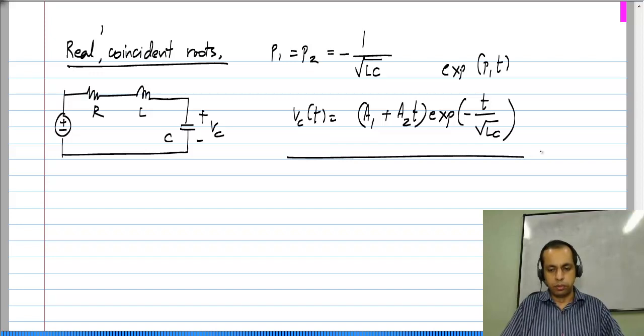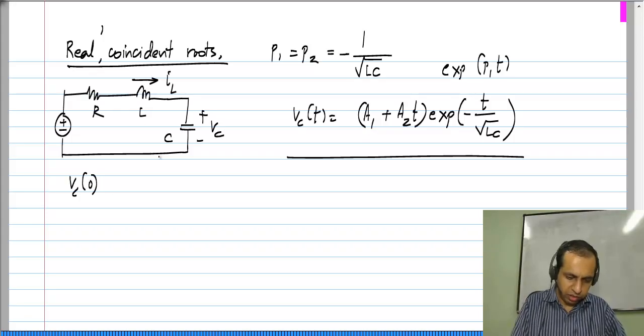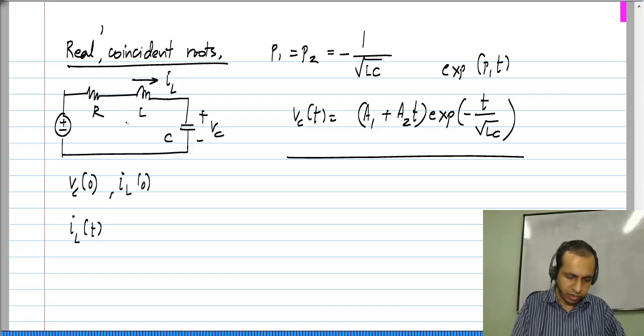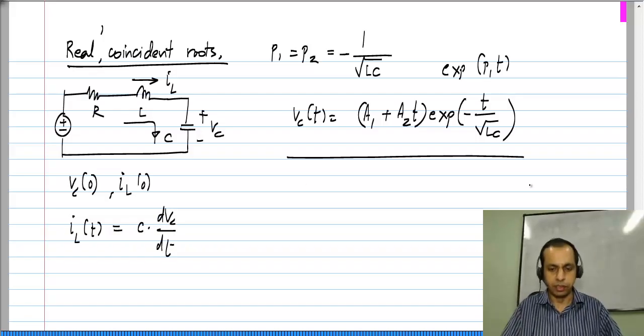Now, how do you determine the constants A1 and A2? As usual, it is by applying the initial conditions. We will have initial conditions Vc of 0 and IL of 0. We know that IL of t, the current in the inductor, is the same as the current in the capacitor. So it is C times dVc by dt.